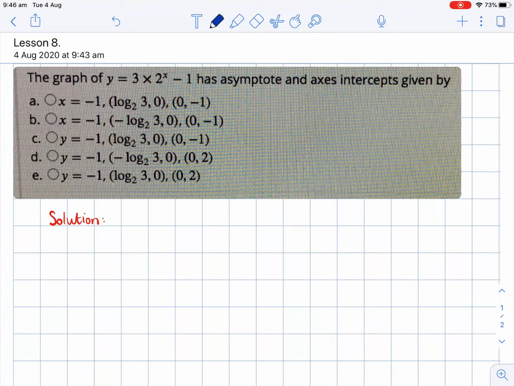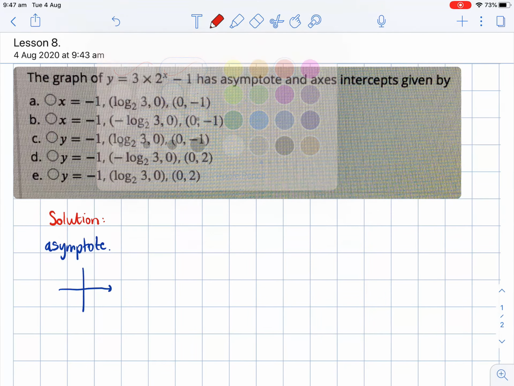The first thing is I'm going to look at the asymptote. Now the asymptote of the graph, it is an exponential graph, so it's going to have a horizontal asymptote that is initially at y equals 0.